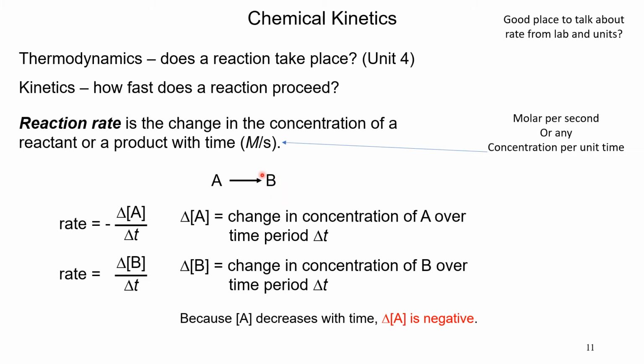But think about what they're doing, right? So what's happening to your, well, let's look at B first. So for a given reaction, A goes to B, what's happening to your concentration of B over time? It is increasing because you're making B from A, and similarly your concentration of A should be going down over time.